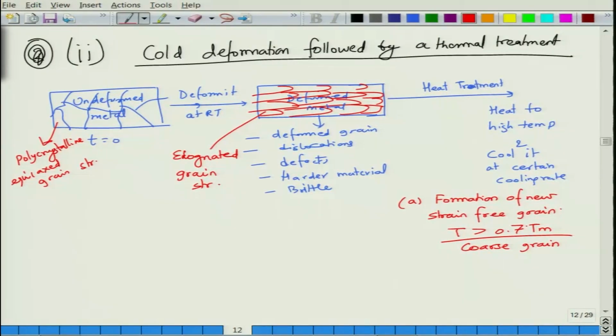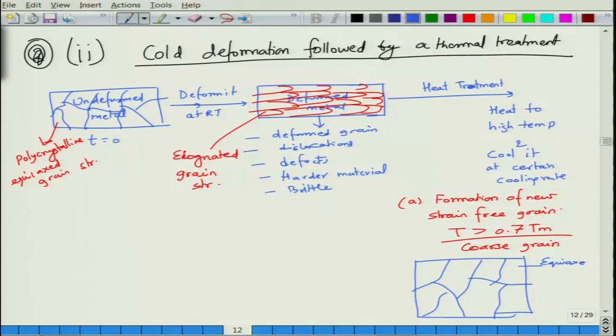So this grain structure will convert to again a similar polycrystalline grain structure, equiaxed coarse grains. So this will become softer. If you heat it to very high temperature, you create coarse grain structure.